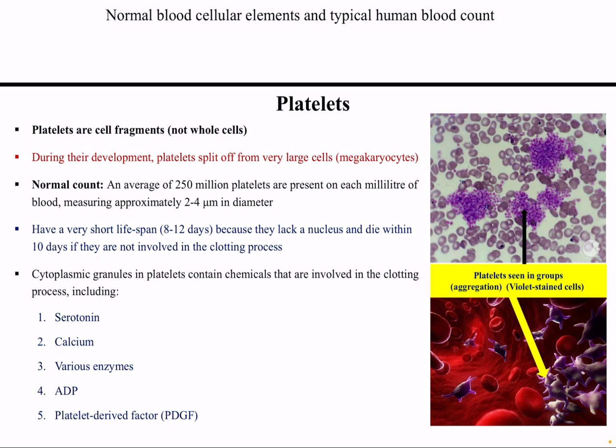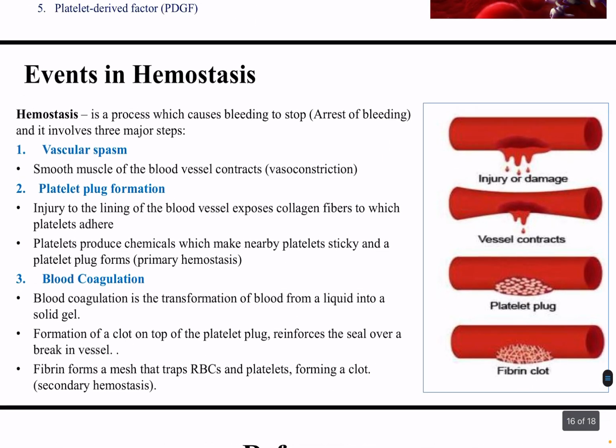It has three main steps. The first one is to decrease the blood flow to the site of injury by vasospasm, vasoconstriction. And as I mentioned, one of the important mediators of this vasoconstriction is serotonin. It decreases the blood flow to the site of injury.